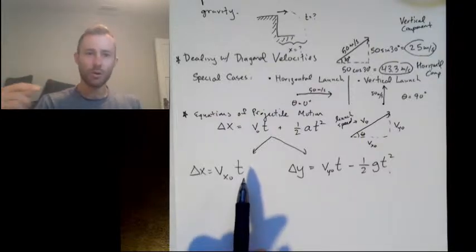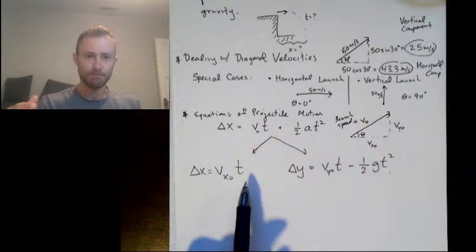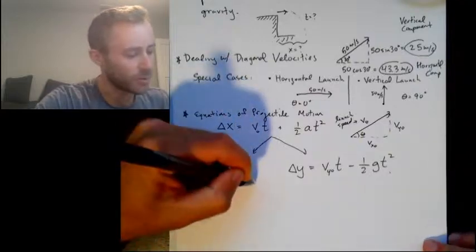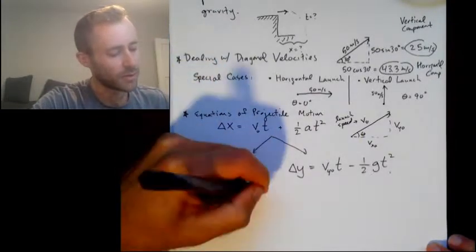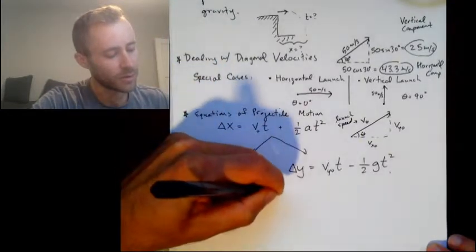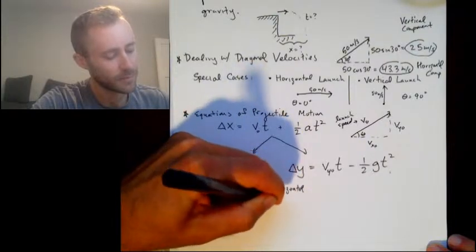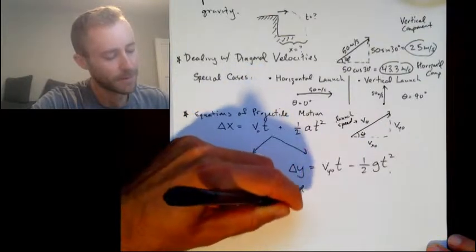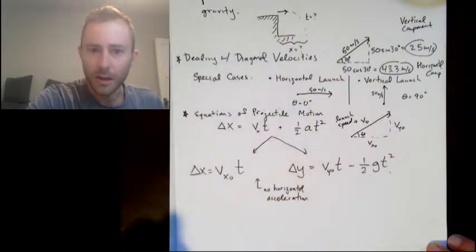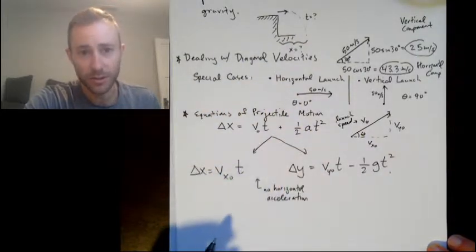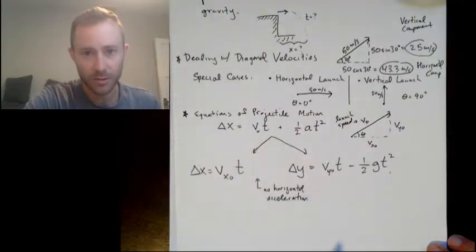So there's no horizontal acceleration, all right? However, there is a vertical acceleration. So I'll put a little comment here. There is no horizontal acceleration. Okay? There's no t squared term in the delta x equation. However, there is in the delta y equation.